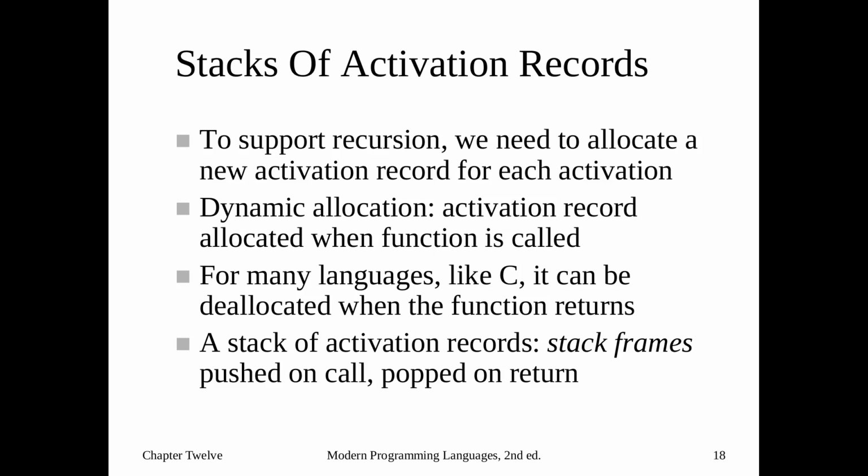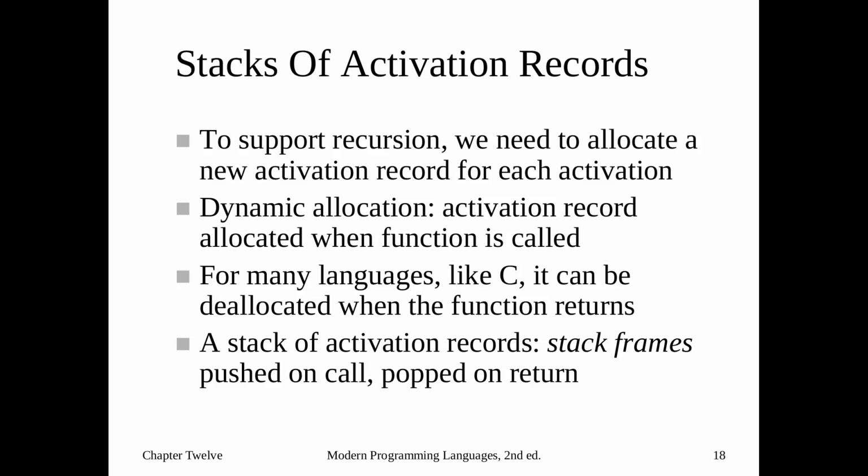A stack of activation records is designed initially to support recursion. We have to have some way of allocating a new activation record for each activation of the function. Each time we call the function, we need a new activation record for that function, so we have to be able to dynamically allocate the activation records when the function is called.